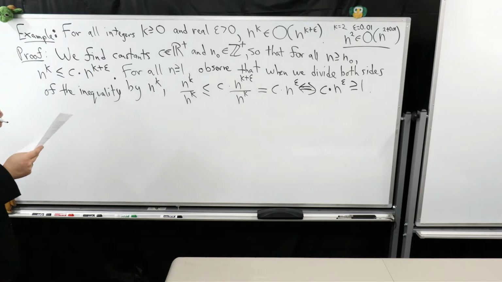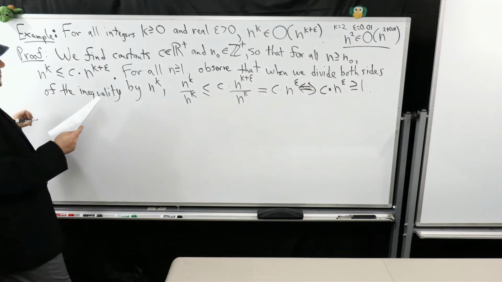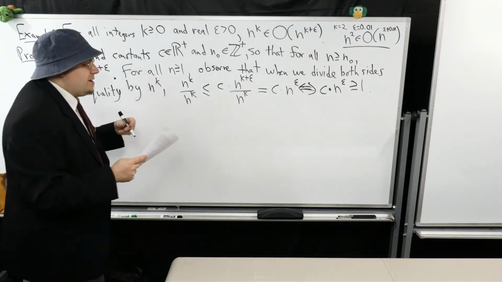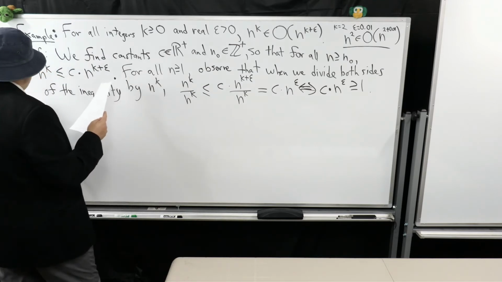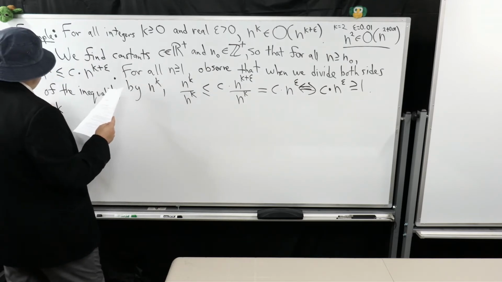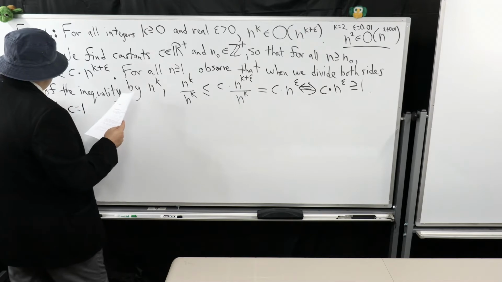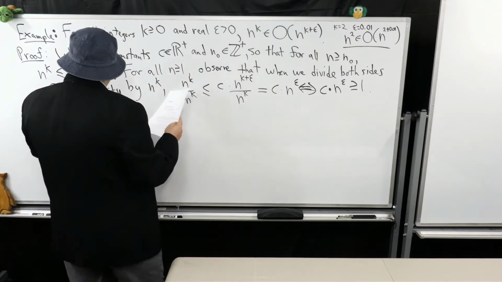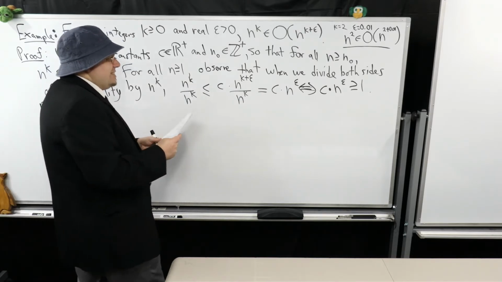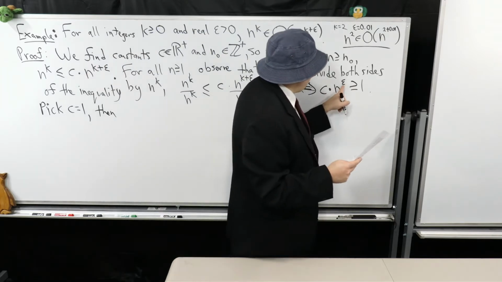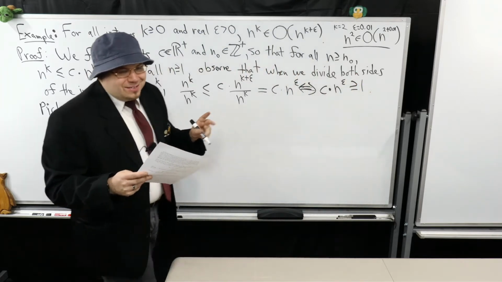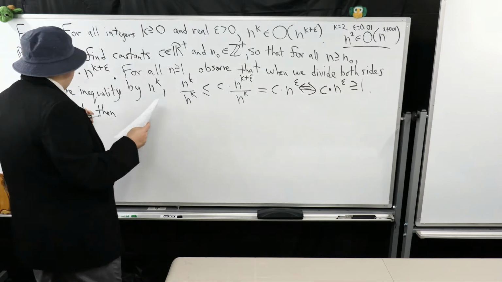So what am I going to do now? I'm going to pick C. Now I'm going to invoke some property I have of that inequality over there. Pick C equal to 1. The reason why I pick 1 is that it makes it a little easier to play around with. So then I just have n to the power of epsilon is greater or equal to 1. As long as I can invoke something about a polynomial of that form, we're okay.